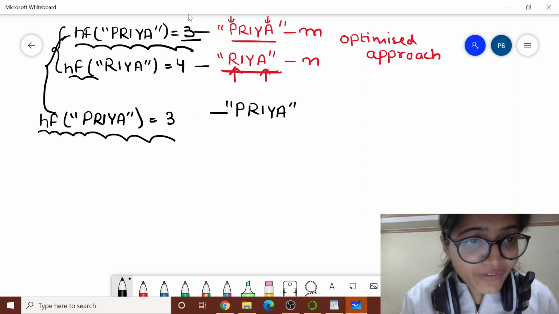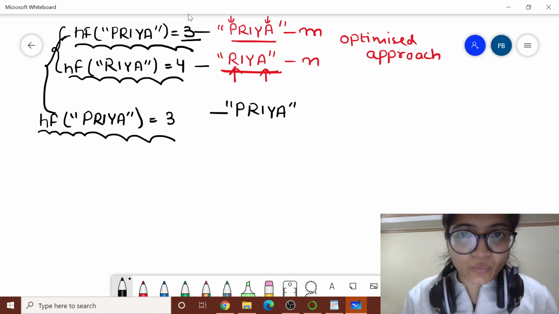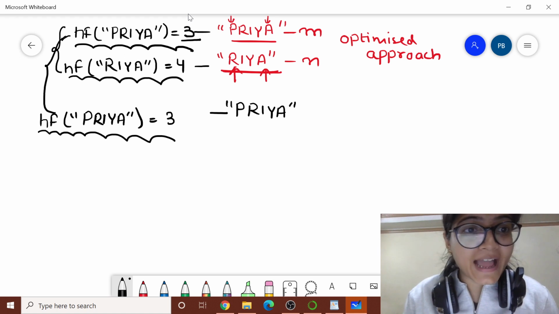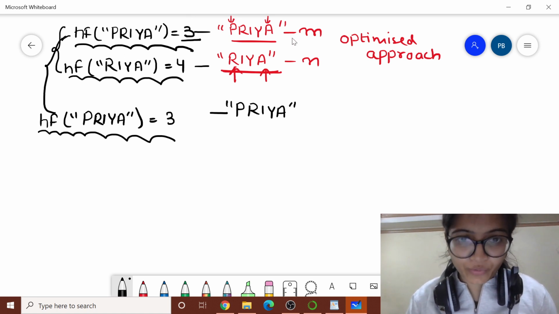But you are very certain that the strings Priya and Ria are not equivalent, because their hash functions are different. This is what Bloom filters are doing. How? Let me elaborate more.